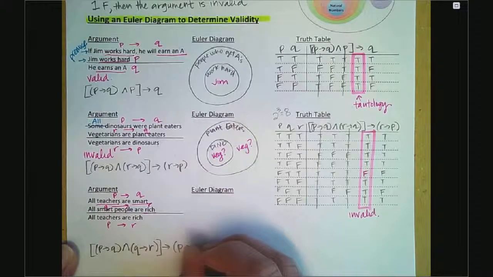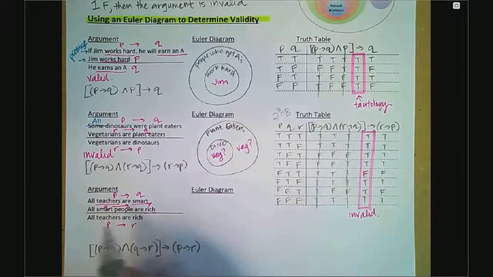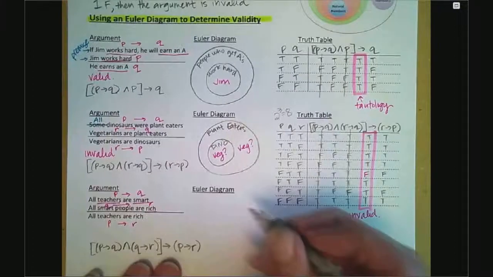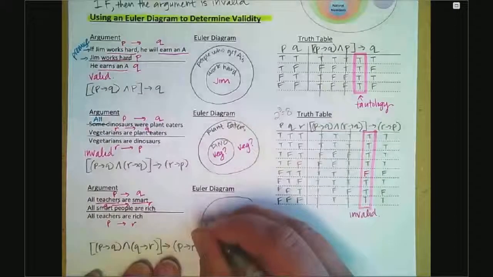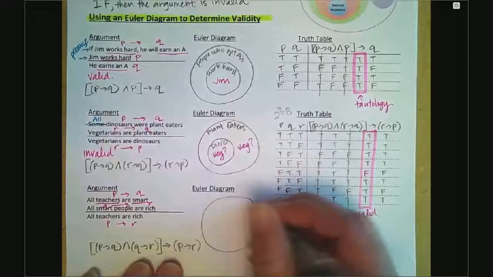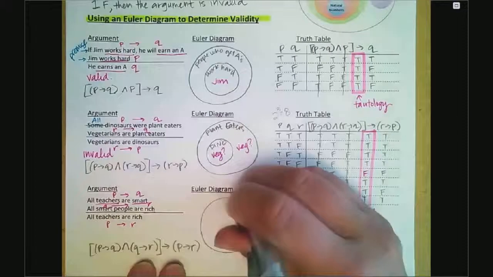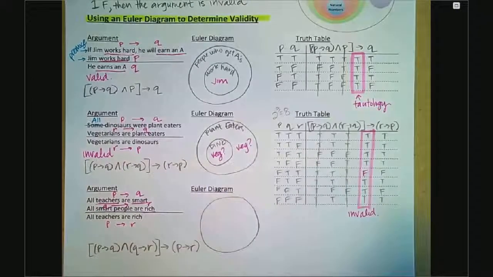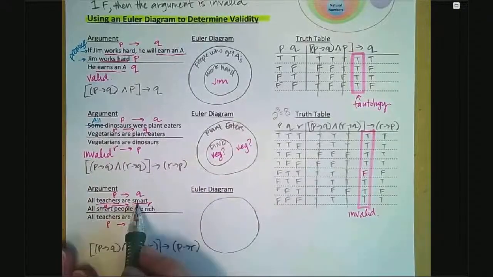Let's go to our Euler diagram. All teachers are smart. All teachers are smart, so teachers go into the smart category. All smart people are rich.